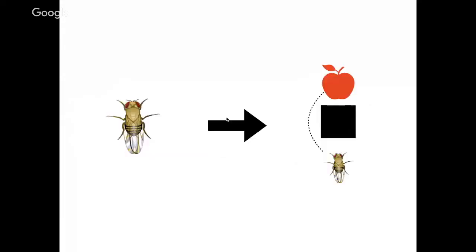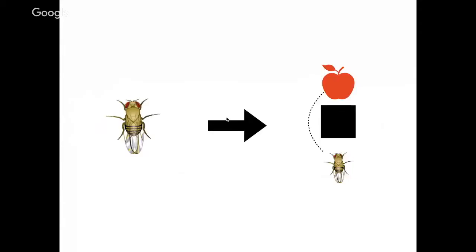One way is to think of an experiment where you have a fly, and you put an apple behind an object, and you put the fly in some experimental arena. The fly will walk around and probably use its olfactory system to search for the apple.